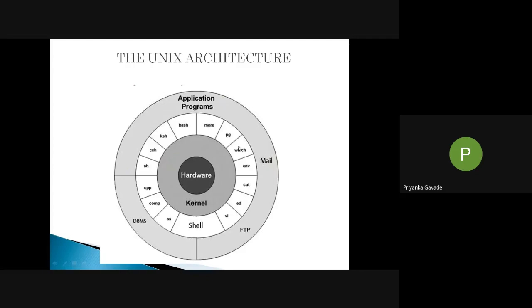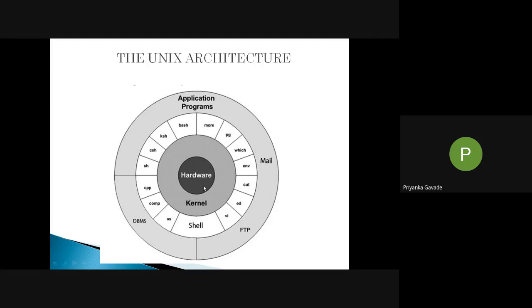So the kernel is the core of the operating system. It's a collection of routines written in the C programming language, right? It is loaded into the memory as soon as the system is booted, and it communicates directly with the hardware of the system.